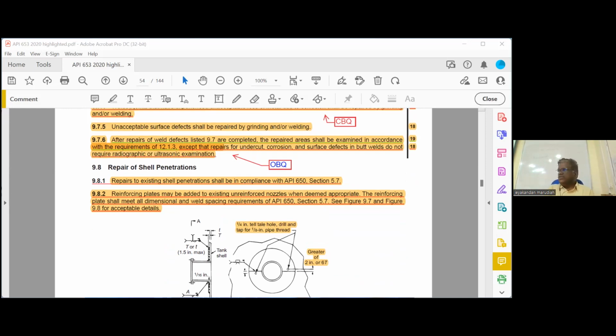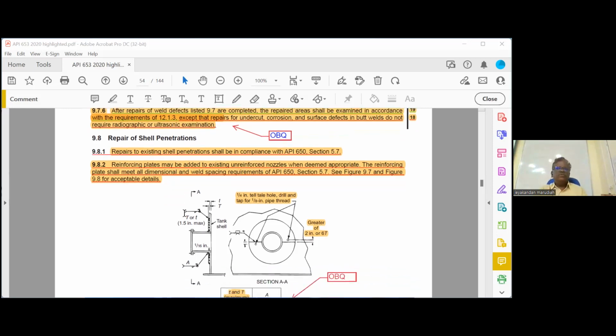Major repairs require hydro test, but exemption is allowed. Only for reconstruction, no exemption, hydro test is mandatory. If you are going for alteration, there is no exemption. But for major repair, it can be exempted, provided the engineer accepts it. There are a lot of requirements, but hydro test is not mandatory for major repairs.